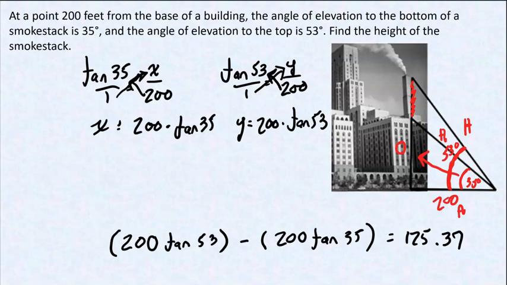Now, if you need to break this up into individual steps, because you do not have one of these calculators, at 35 degrees, I got 140.04 feet. And then, let's see, at 53 degrees, I got 265 feet. So it is kind of proportional here.